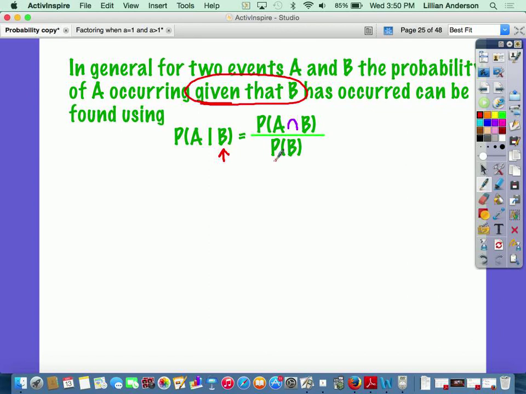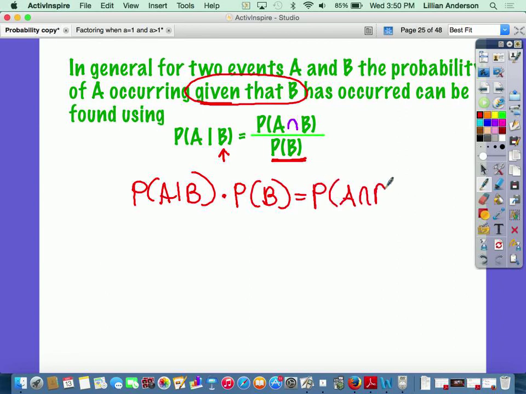It is also the probability at the bottom, just whatever is given. Okay? Now in your reference booklet, you might see something along the lines of the probability of A given B times the probability of B equals the probability of A intersection B. I believe this is what's in your reference book, but do realize that these two are the same thing, okay? It's just written differently.